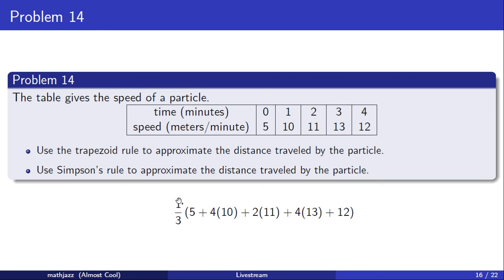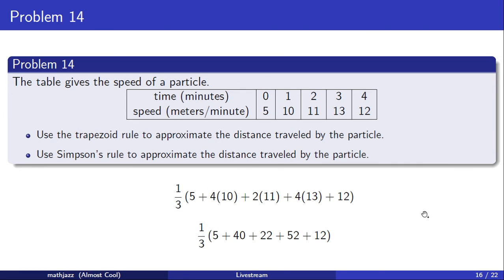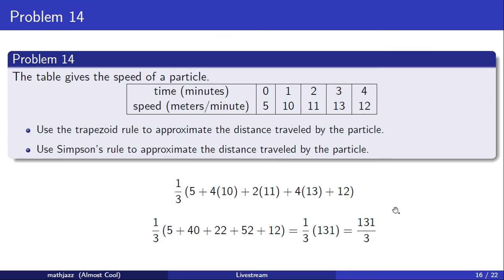That said, we have 1/3 times 5 plus 4 times 10 plus 2 times 11 plus 4 times 13 plus 12. That is our Simpson's approximation. And that gives us this sum when I multiply these terms together. And when I add all of those terms, we get 131/3, which I guess is 43 2/3, I think.